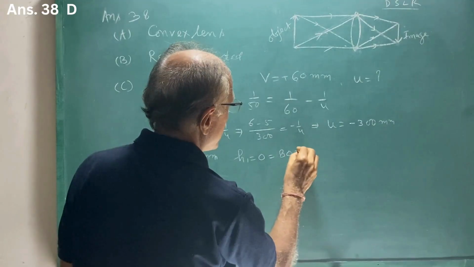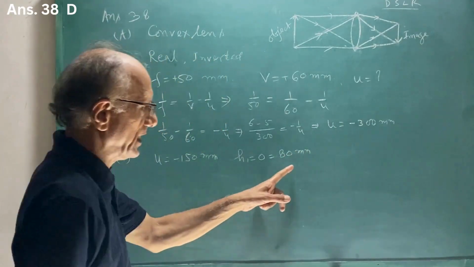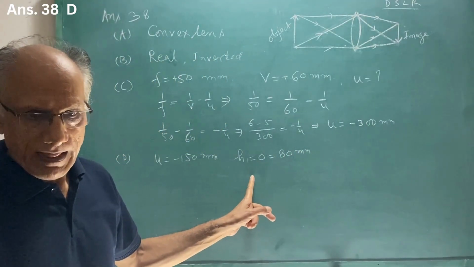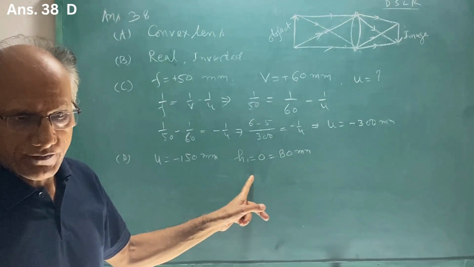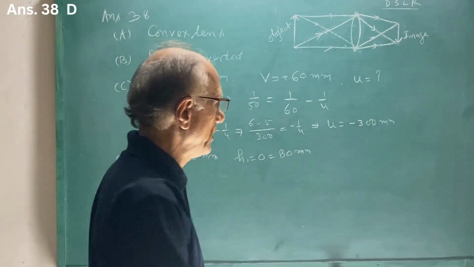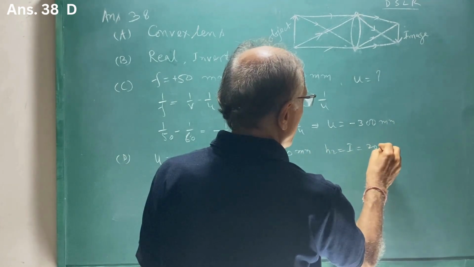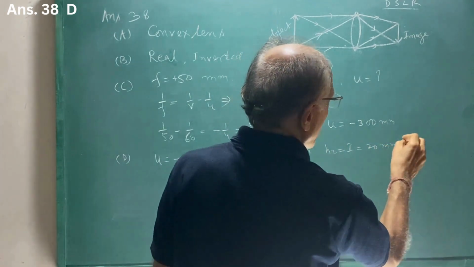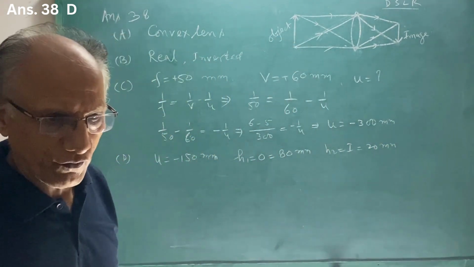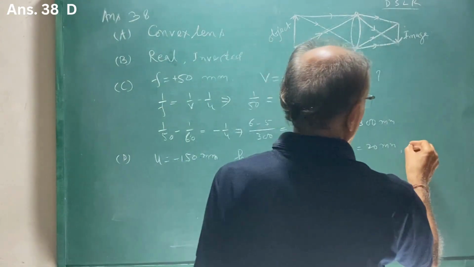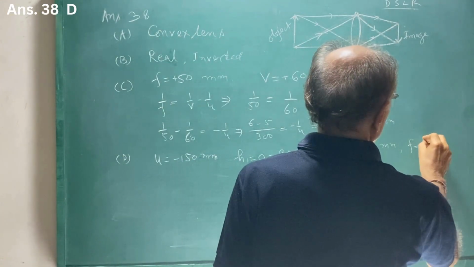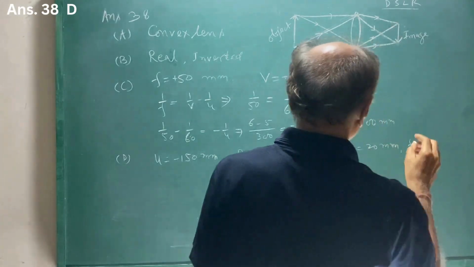The object size O is 80 mm, or h1. And the image height formed on the camera sensor is measured to be, that means h2 or I, equals 20 mm. Then we have to find the focal length of the camera lens. So f equals this.